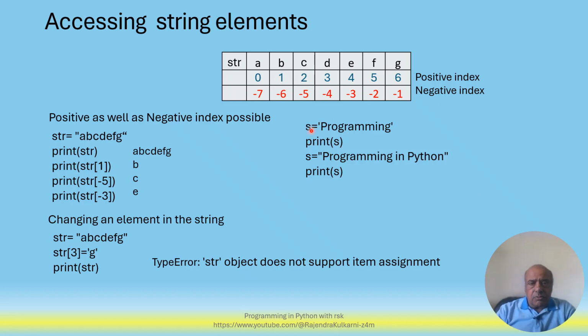Now what we are doing: s is equal to programming, print s, and s is equal to programming in Python, print s. When we go for the print statement, the first instance of print outputs programming, which is what we have assigned to string s.